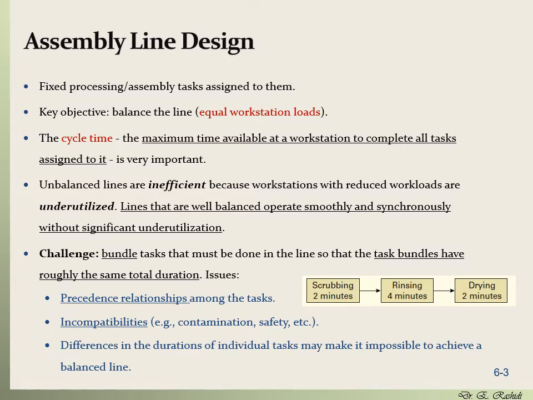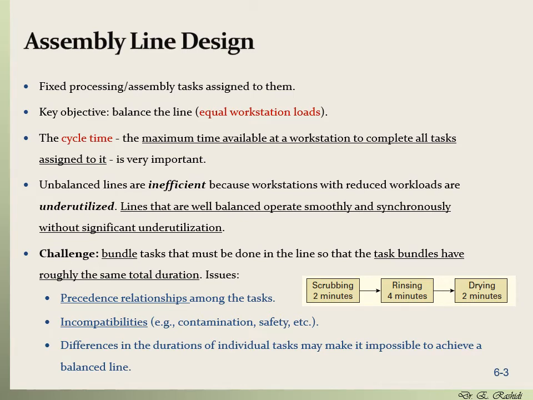The other challenge in balancing the line, besides the precedence relationship between the tasks, would be, for example, incompatibility, such as contamination. There might be a task or a product that, when you process it, might contaminate the workstation, so you might not want to do that before another important task.